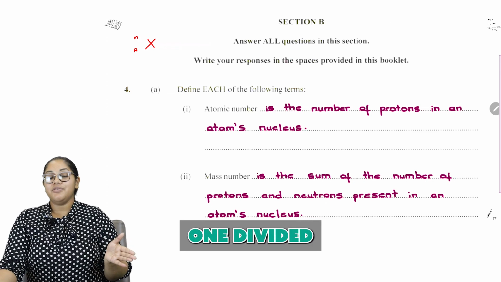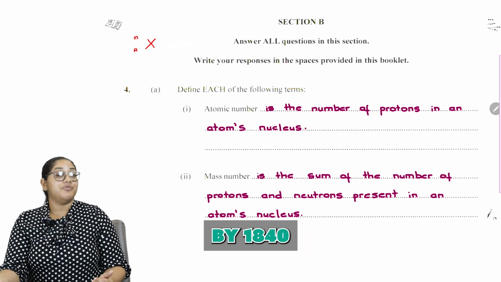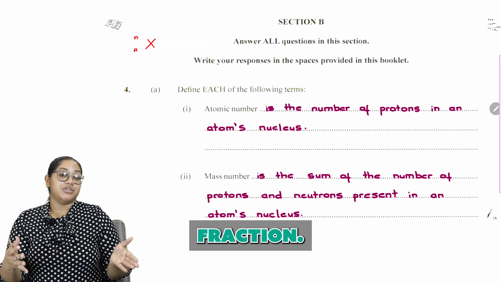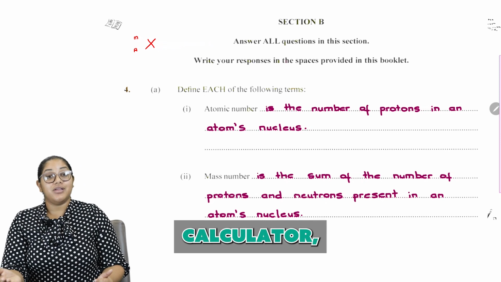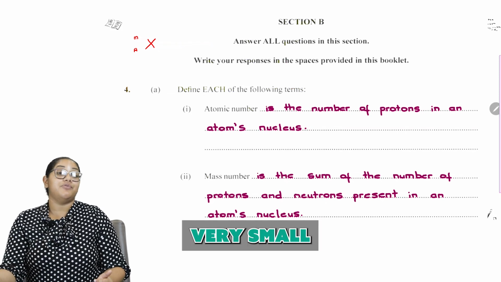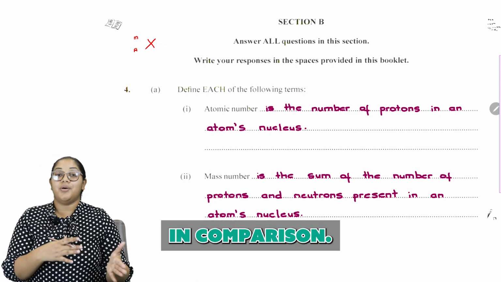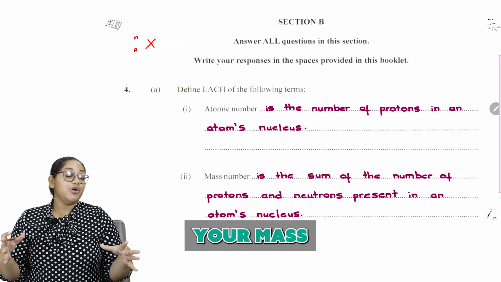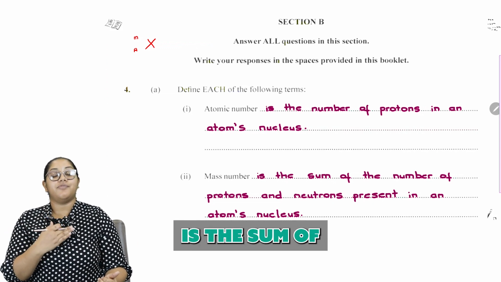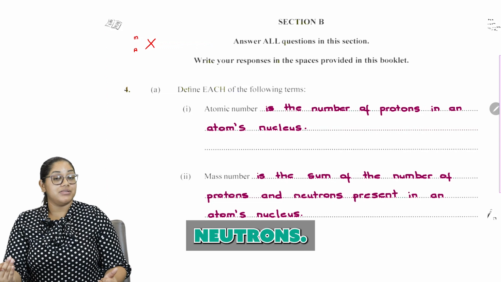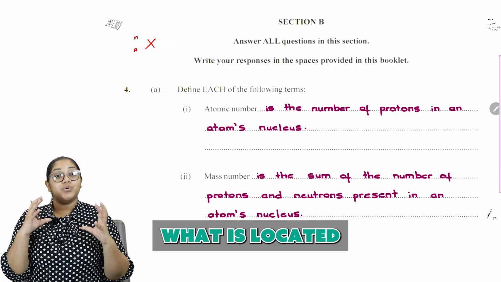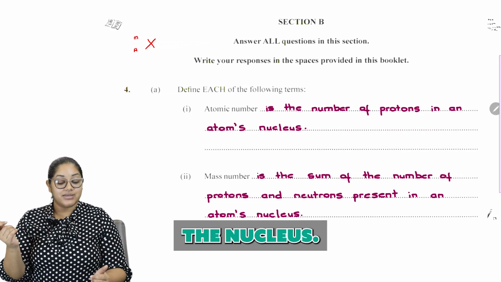We give 1 divided by 1840 as the fraction. If you type that into your calculator, you would see it's a very, very small value in comparison. So that is why your mass number is the sum of the protons and the neutrons. Remember, that is what is located inside of the nucleus.